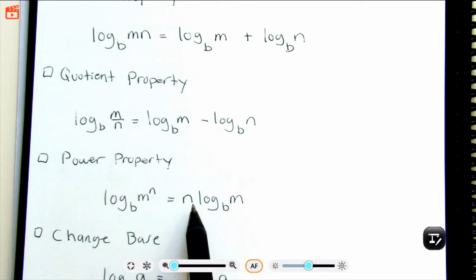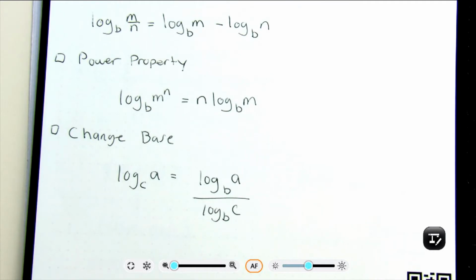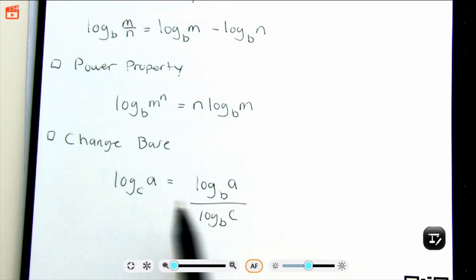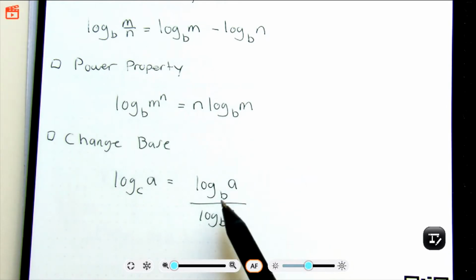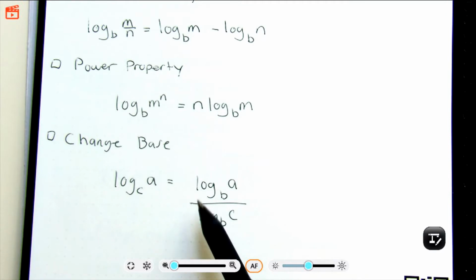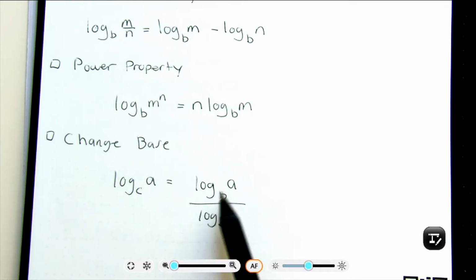So this is called the power property. And the last one is the change of base property. So if we have log base c of a, we could create an equation with a different base. So we could say this is log base b of a over log base b of c.